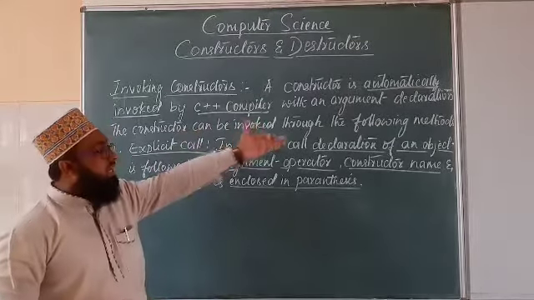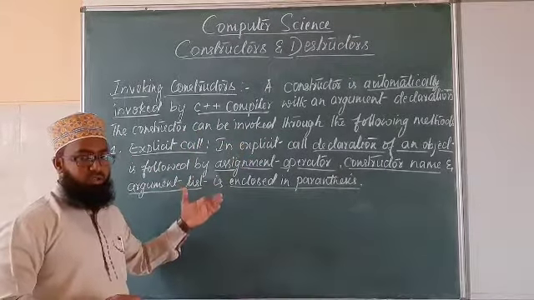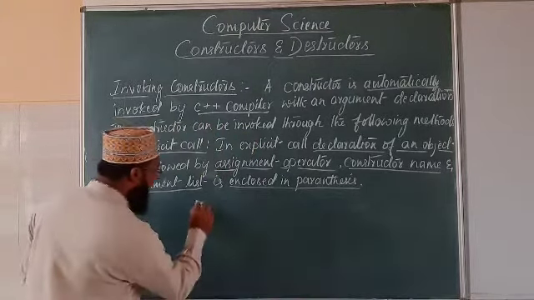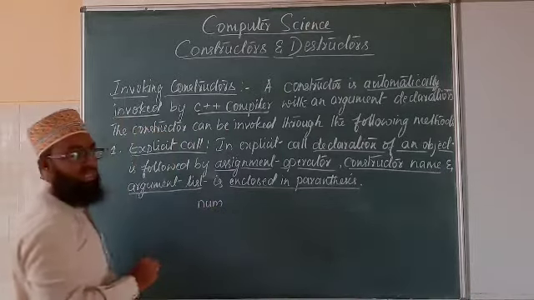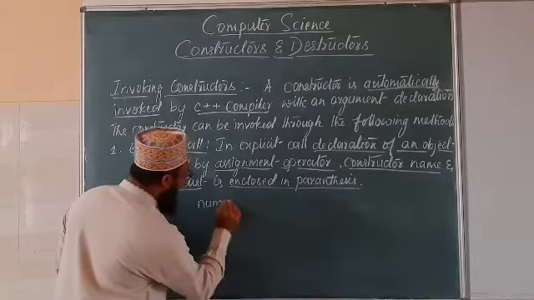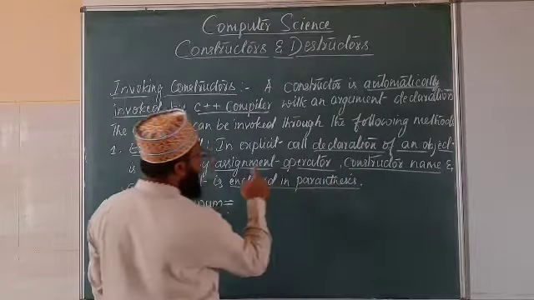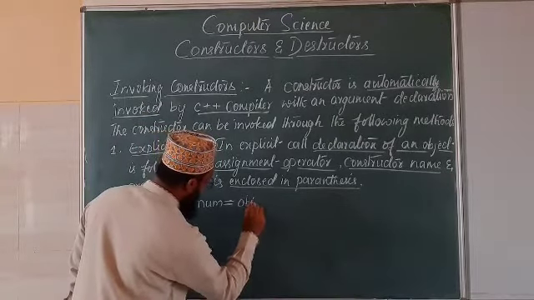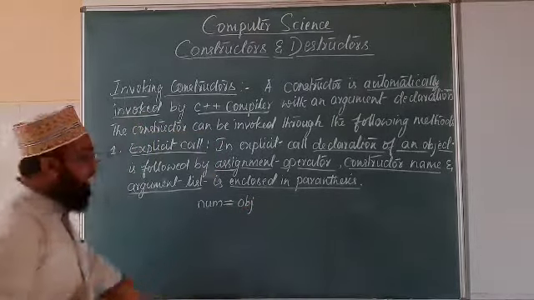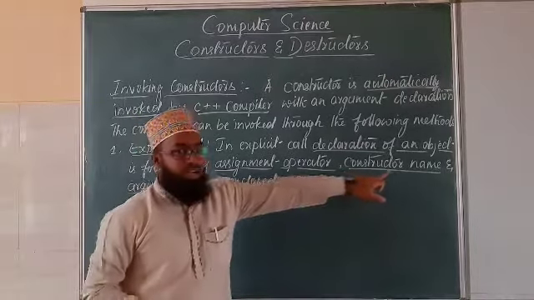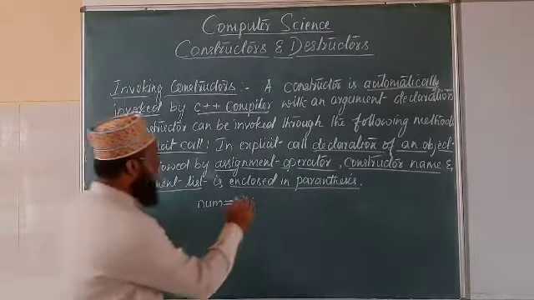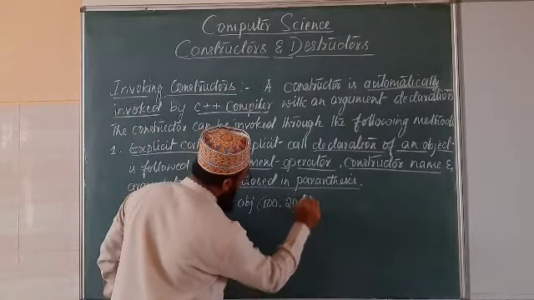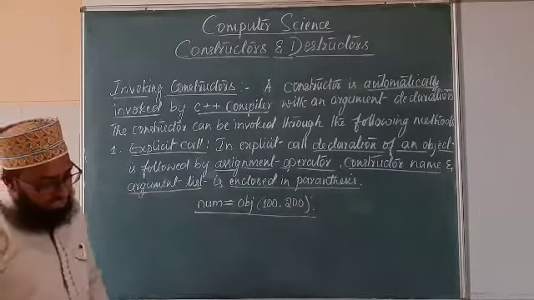Explicit call means like that, if you declare any object. I will give you one example so that you can understand. Let's see. Num, think of this as an object, followed by the assignment operator, then the constructor name, and the argument list enclosed in a pair of parentheses. So this is called an explicit call.